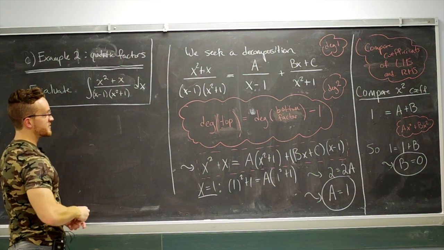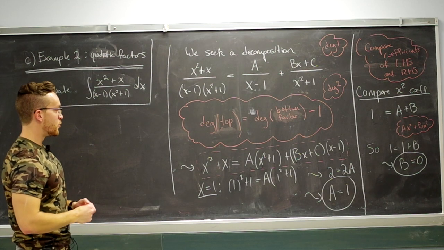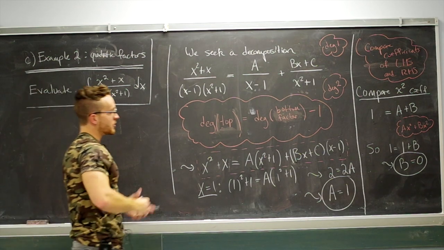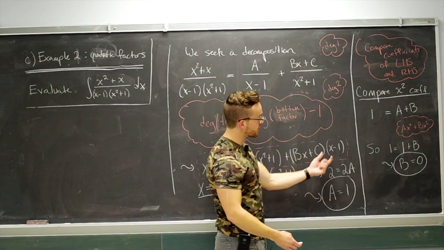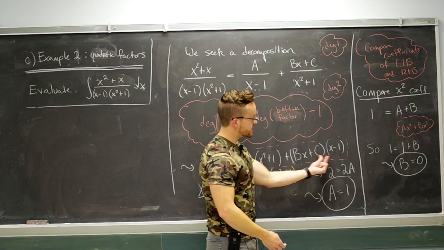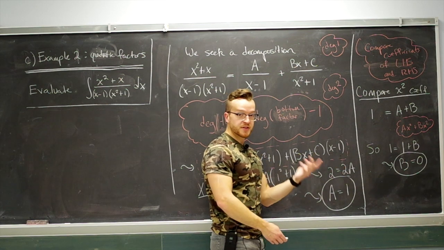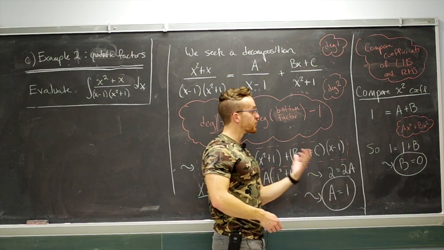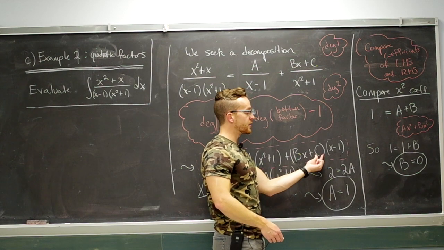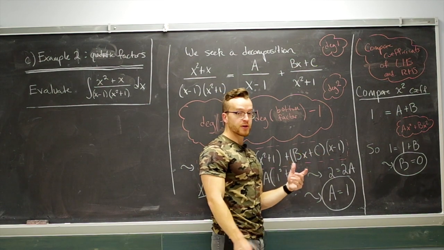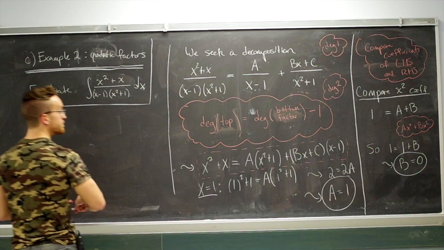I'll do the same process to determine c. Which coefficient could I compare? Again, you could do whatever you want, but I can see looking at this latter product that I'll get a c times minus 1. That's a constant term. So if it were me, the next thing I would probably try to determine c, which is our remaining unknown, is I would compare the constant term of both sides.